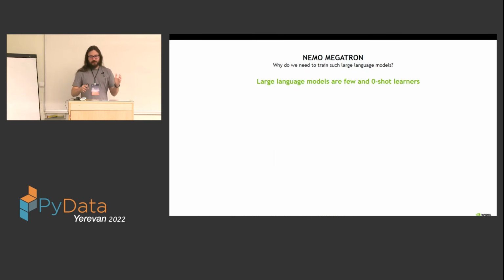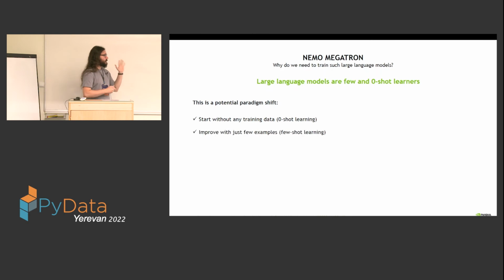So why do we actually need large language models? Mostly because they are few shot and zero shot learners. What does it mean? You can start without any training data at all for your task, and just use those extremely large models, of course, if you can run them. So you don't need data for your particular NLP task at all.